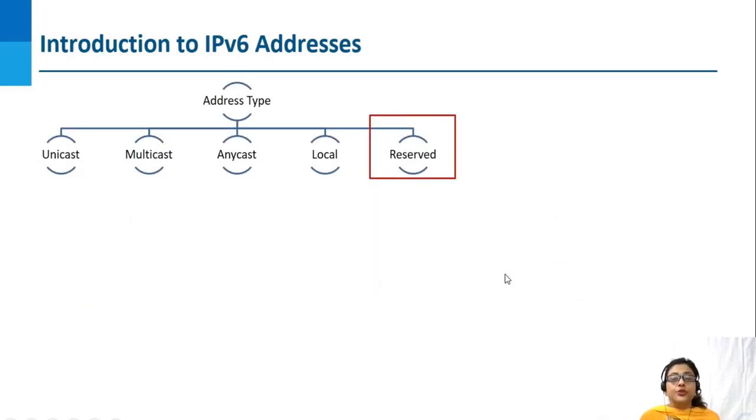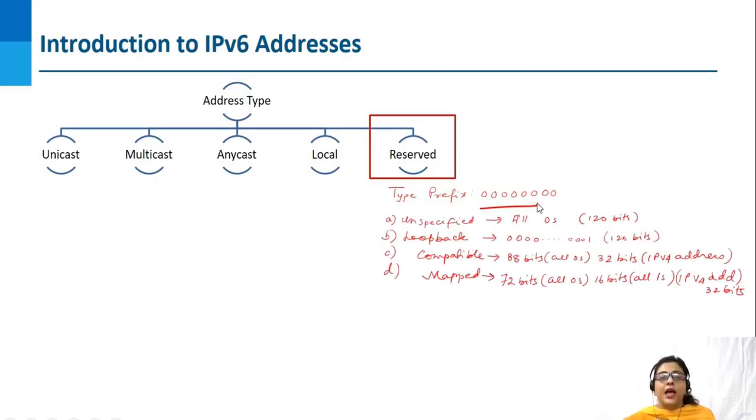Next, we turn our attention to the reserved address type. The type prefix is all zeros, and we have 4 different types of reserved addresses. One is the unspecified address. This consists of all zeros, and is mainly used when the device does not know its address and sends a message to the internet to know its own address.